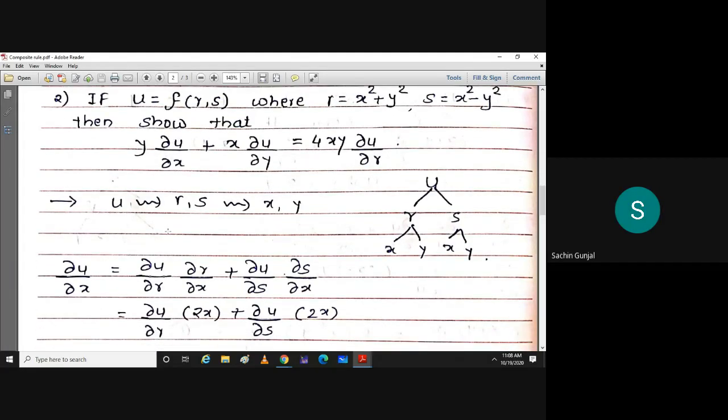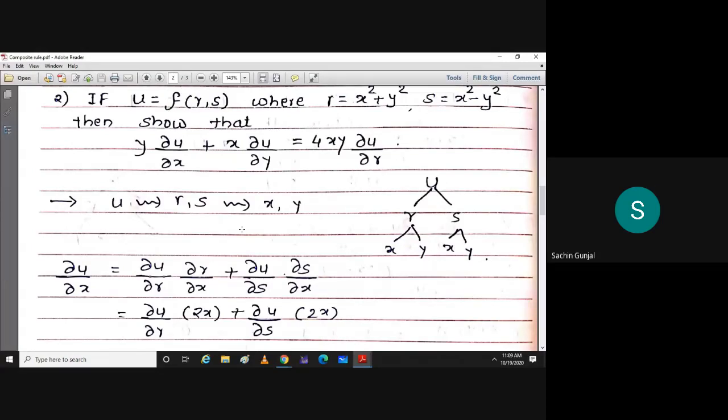Fine. Now again, this function of r and s is not known to you, so ∂u/∂r will be as it is. You can write ∂r/∂x, so what is the differentiation of r with respect to x? It is 2x, plus ∂u/∂s as it is, and ∂s/∂x is again 2x.